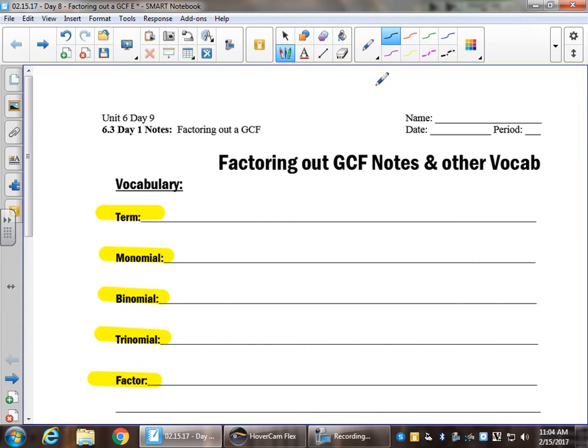All right, guys. Term: parts of an expression. Now I have to learn to use this.